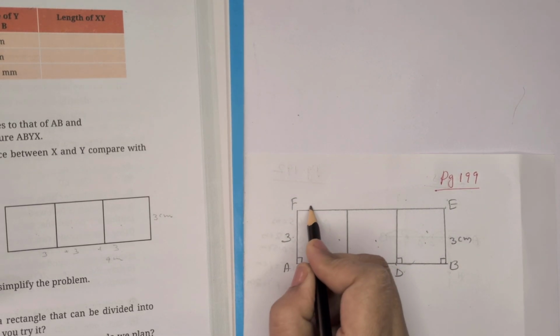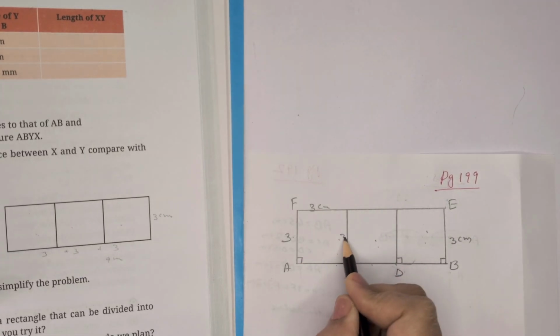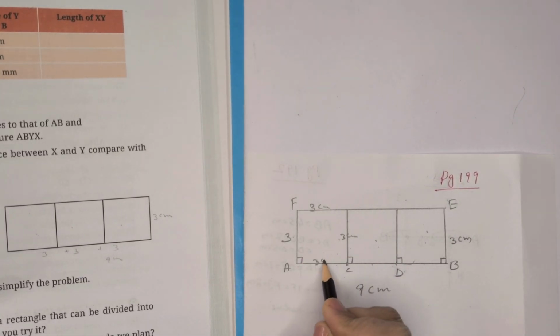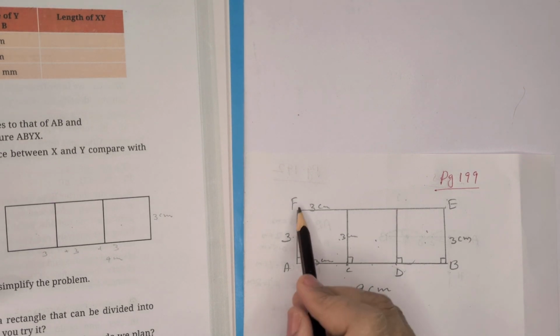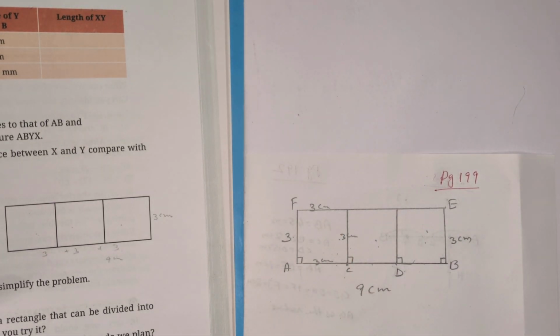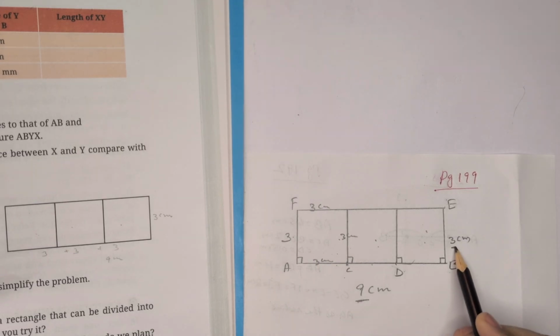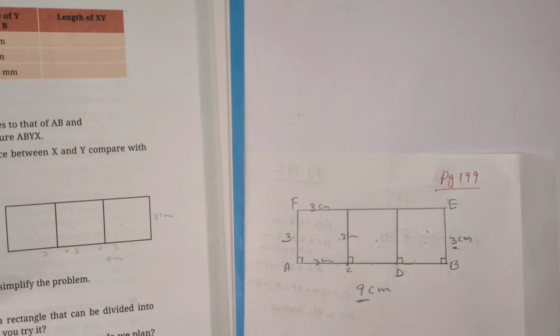This side 3 centimeter, this one 3 centimeter, this 3, here also 3, in the same way all 3. So if we consider them together, that will be a rectangle of length 9 centimeter and breadth 3 centimeter.